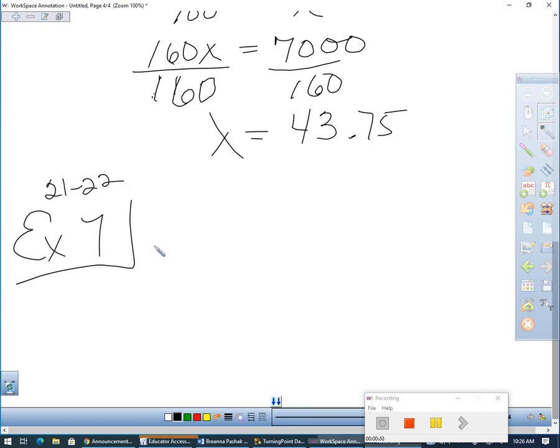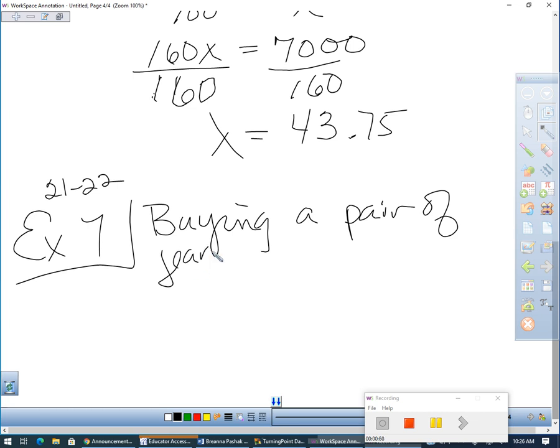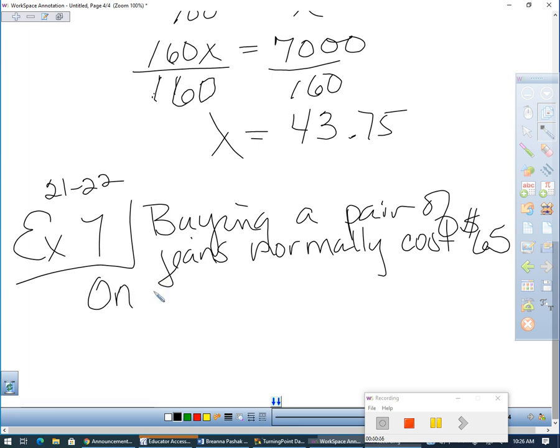Let's say I'm buying a pair of jeans that normally cost $65 on sale for 20% off. What do they cost?